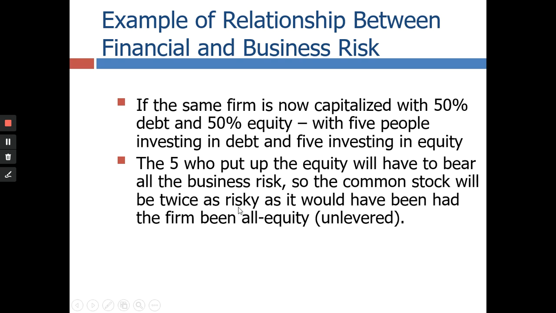But here, with the same company, 5 people are equity, and the other 50% is funded by debt. The same 100,000 loss, but now since there are only 5, each has to bear a 20,000 loss. So debt has already amplified the risk.